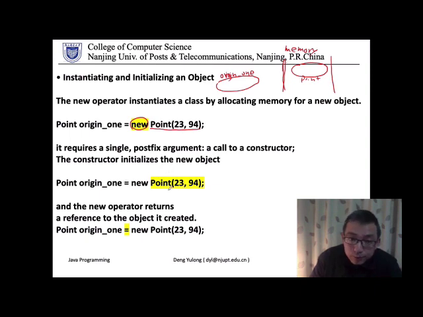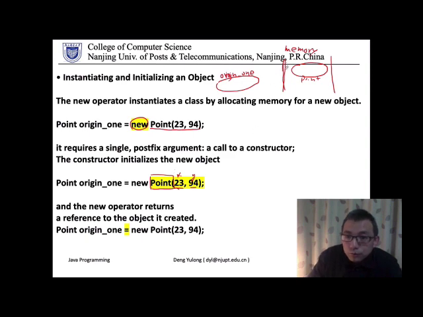We use a parameter. Now we use a constructor. Point is the constructor name. Now the constructor is Point, and we pass the parameters 23 and 94, the x and the y, to this constructor, and it uses the class code to initialize the member variables x and y inside the object.